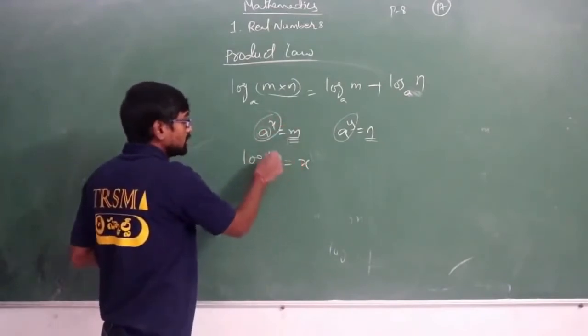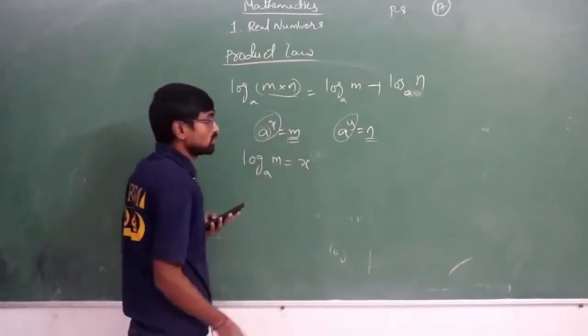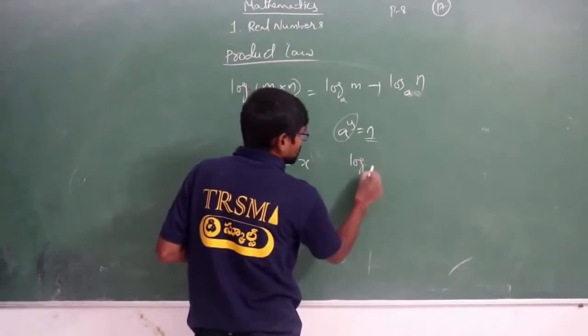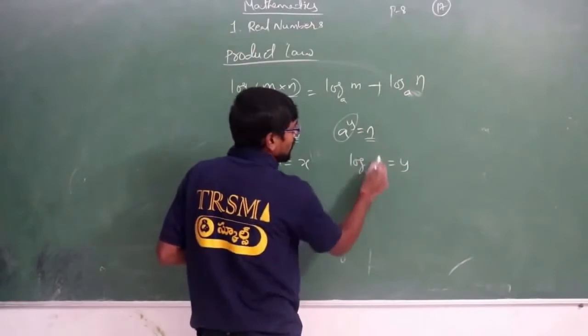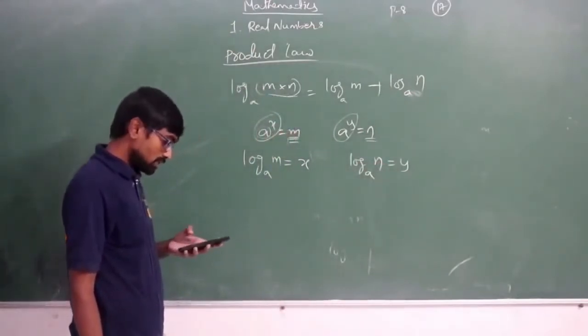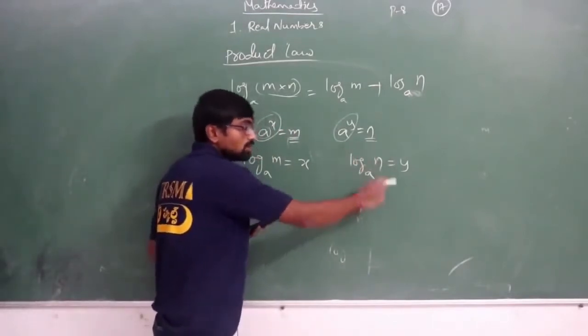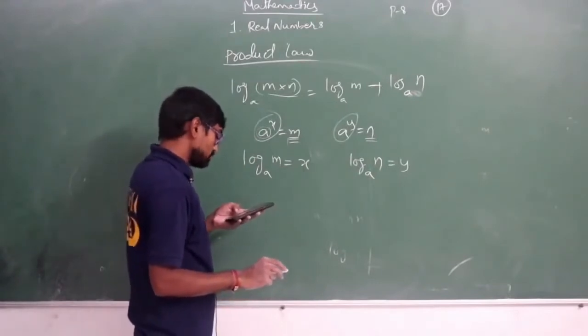So m will be written here, this base will be the base, and the power x comes after the equals sign. Similarly, for n, the base is the same and y comes after. We don't treat it as multiplication; this whole value is one singular value. Now coming to the secondary thing.